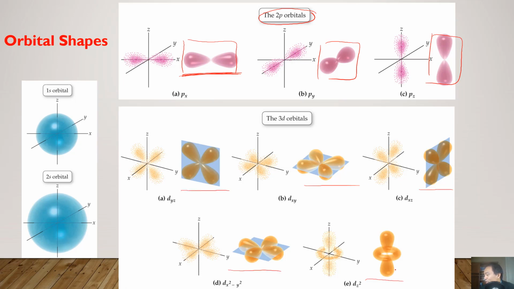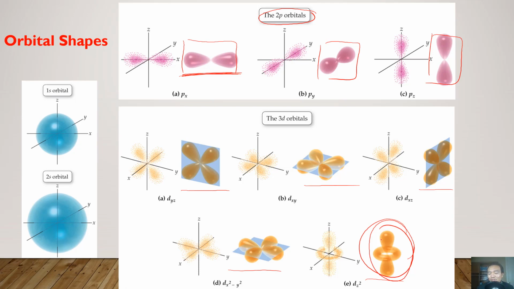One of the d orbitals looks slightly different from all the others. It's like a donut with a dumbbell. F orbitals are most likely like 8 balloons tied together, but we're not going to look at the shape of f orbitals for now.